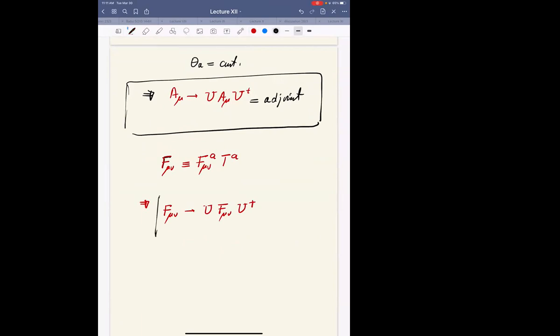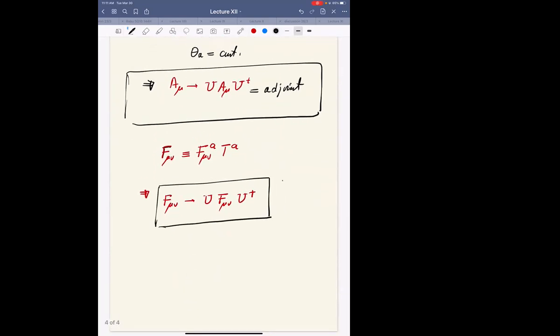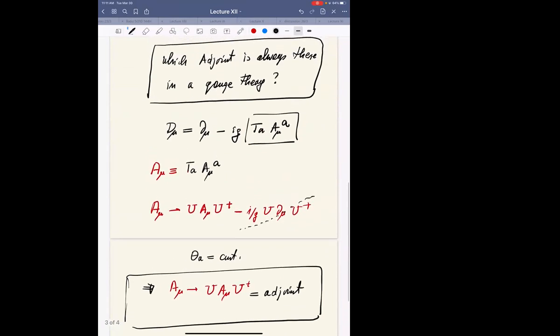The derivative piece is there for theta equal theta of x. So these are the adjoint representations. Very good. Is there any last question on this?